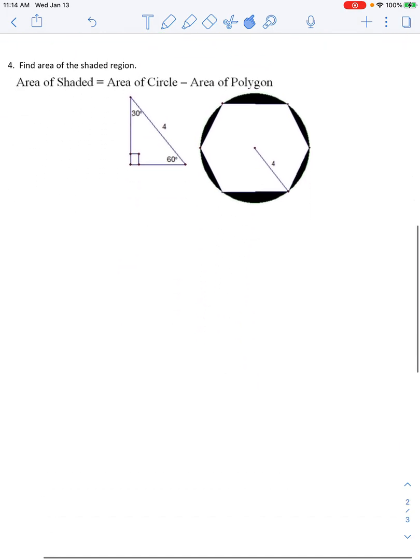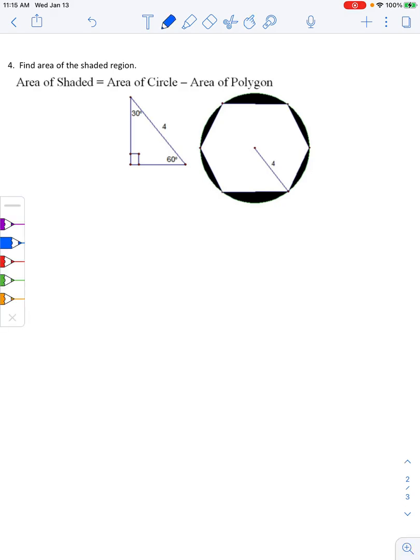Last problem, you should have seen something like this in geometry. Area of the shaded region. So that means you're going to take the circle area and subtract the polygon. It will give you the black shaded area. So using this formula, area of the shaded will equal area of the circle minus area of the polygon.